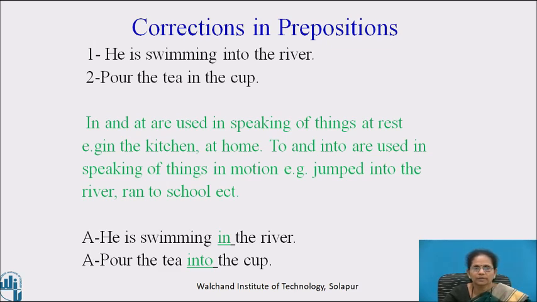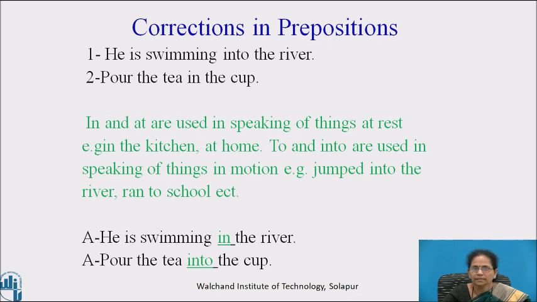Now we are going to discuss some of the corrections in using prepositions. See the first example. He is swimming into the river. And the second one, pour the tea in the cup. In and at are used in speaking of things at rest. For example, in the kitchen, at home.